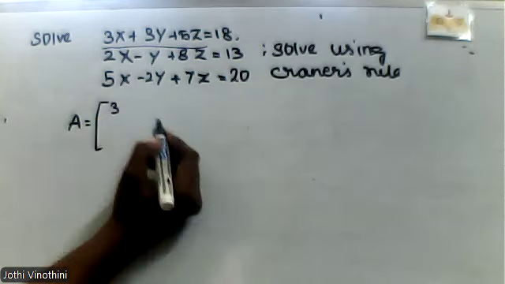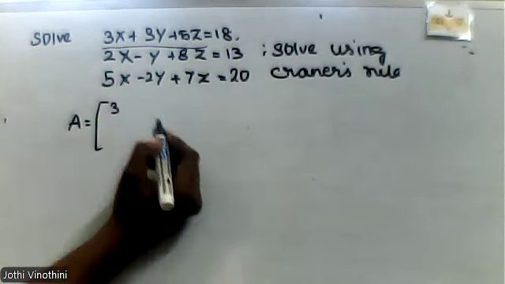Okay? Okay. We are provided with three linear equations, and according to the question we have to solve them using Cramer's rule. What is Cramer's rule? x equals del 1 by del, y equals del 2 by del, and z equals del 3 by del. To solve this, I have to make a matrix first, right?